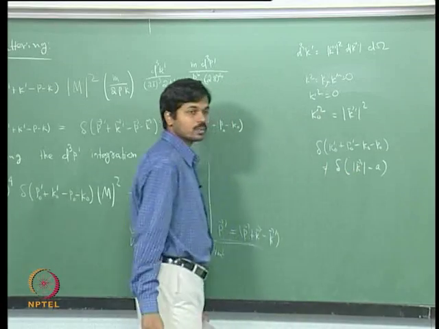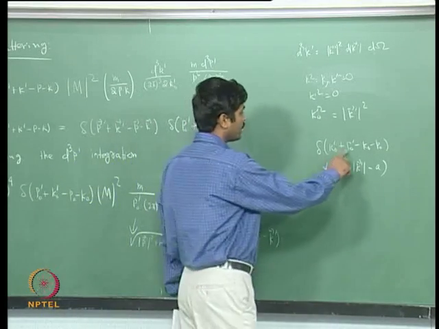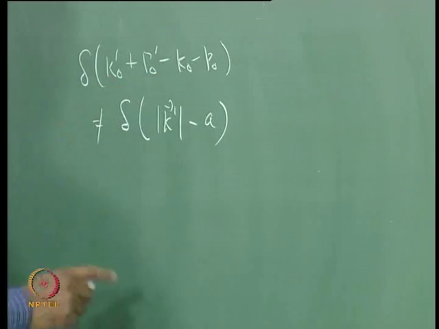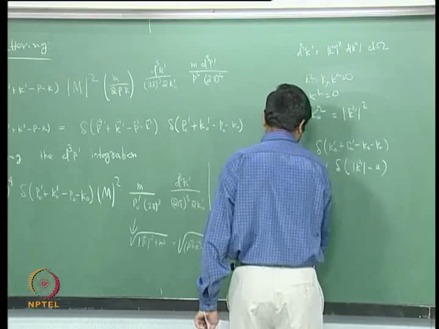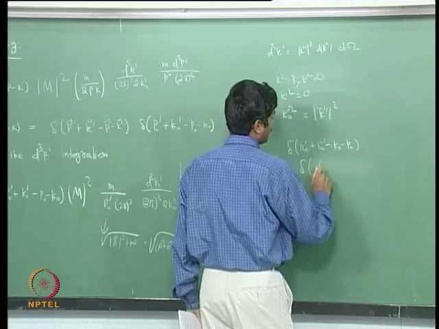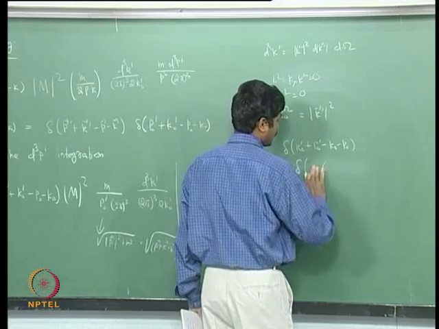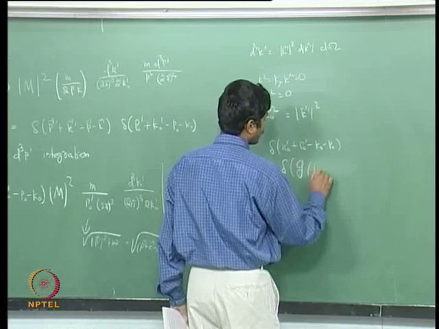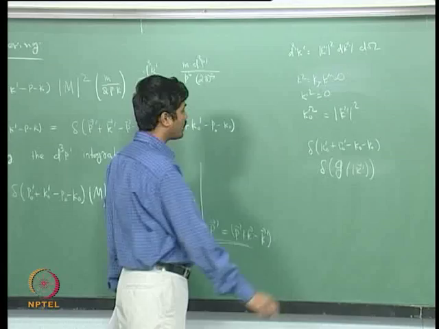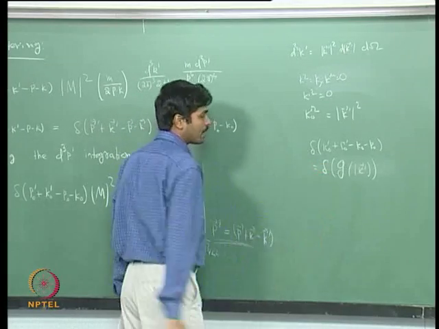This is not of this form because of the k prime dependence in p0 prime. So this is of the form delta of some function, I will call it g of mod k prime.